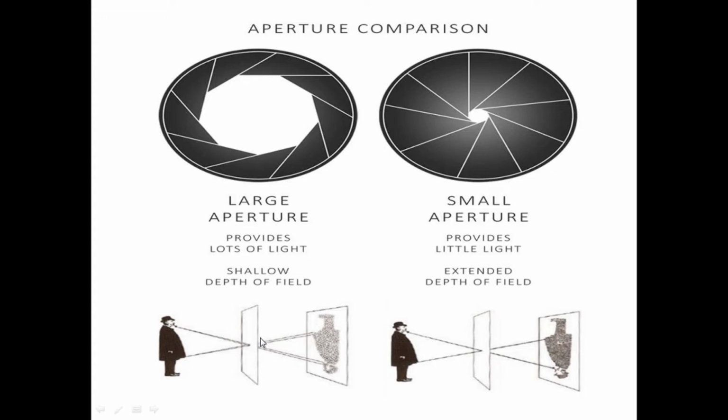So what is happening here? Either the foreground or the background objects, only one of the two, will be in focus. That means we cannot get more clarity on the information projected on the image plane. So this is what is happening here.